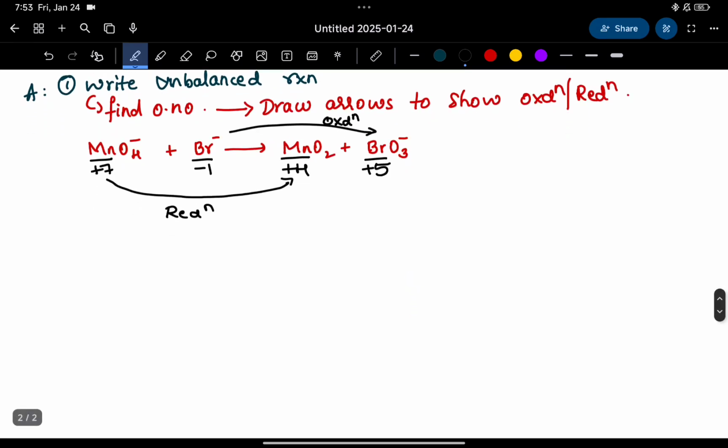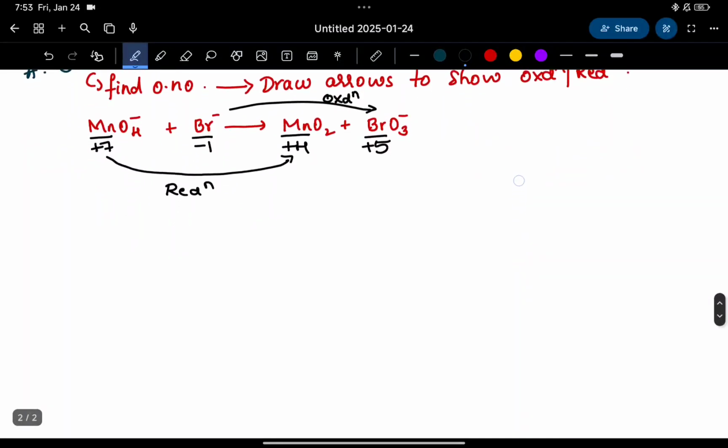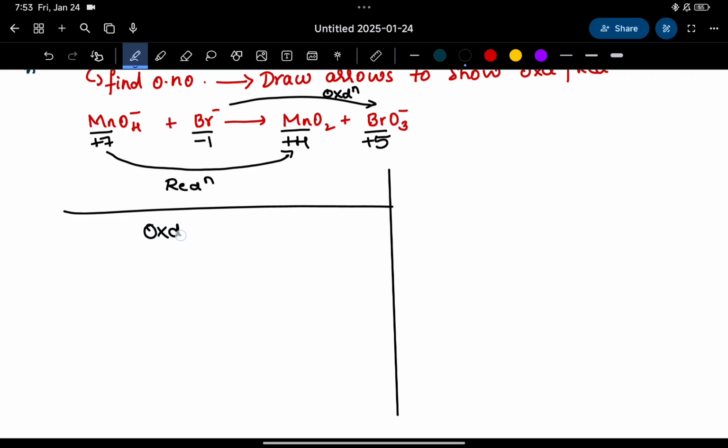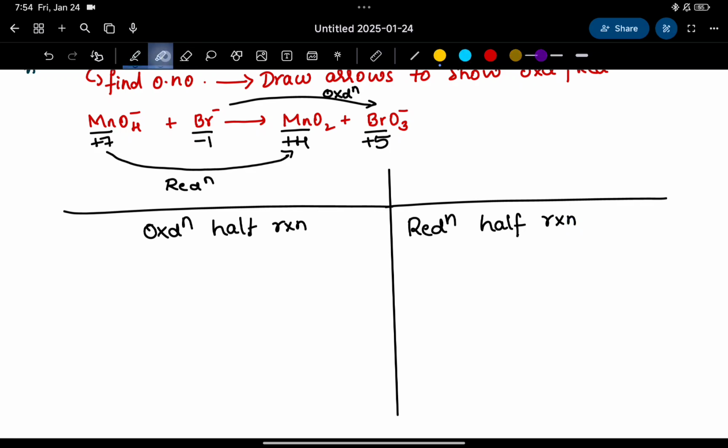Now once this is done, next you have to split this reaction in half. Since this is the half reaction method, we need to write separately a reduction half reaction and an oxidation half reaction. I'll make two columns. On the left hand side I'll write the oxidation half reaction, and on the right hand side the reduction half reaction.